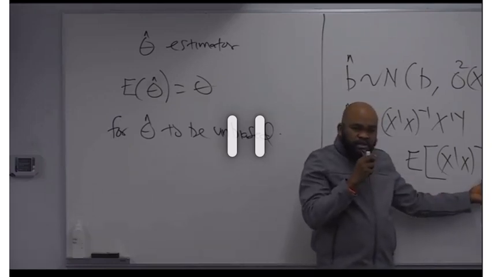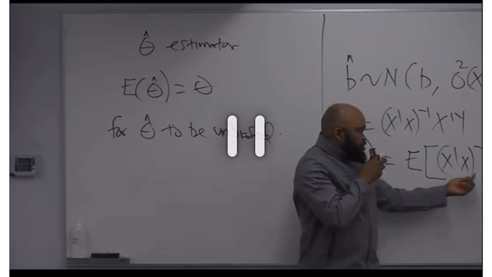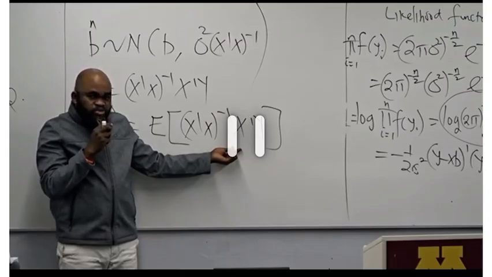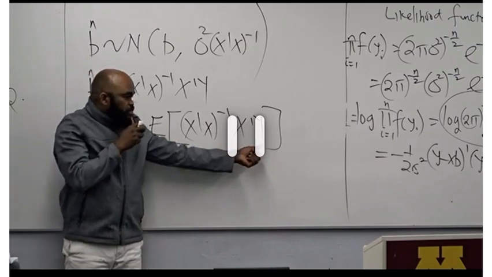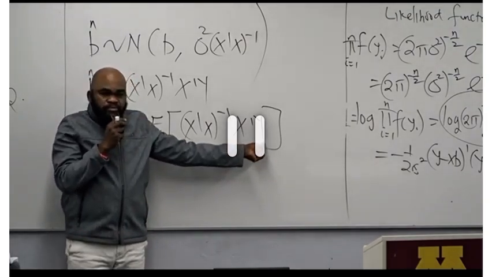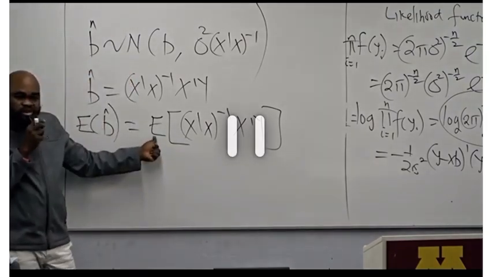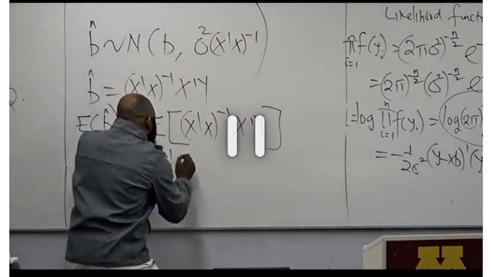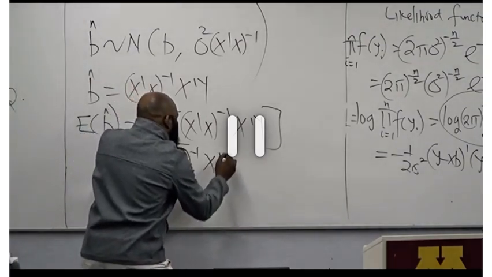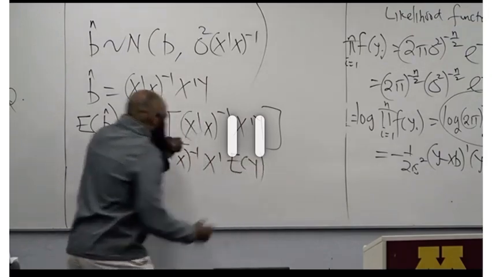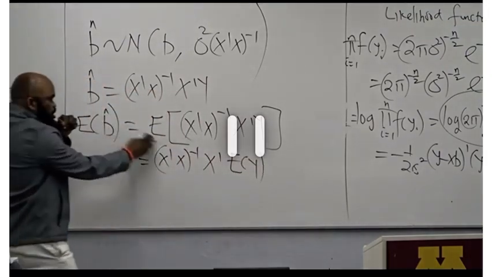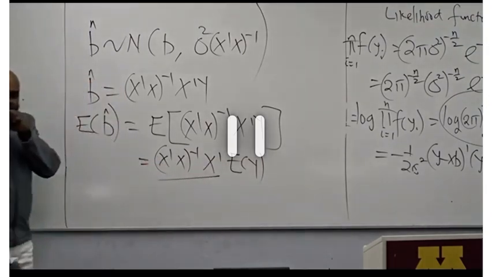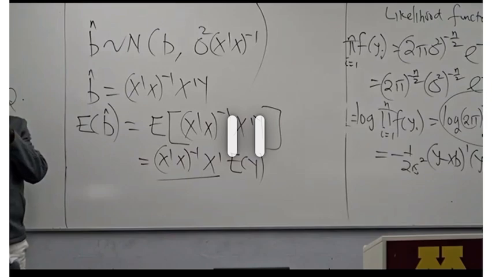In linear regression, this is a combination of x and y. x is assumed to be fixed, but y is random, and expectation only affects the random part. So I'm going to have this. Expectation only affects the response variable y because x is assumed to be fixed.